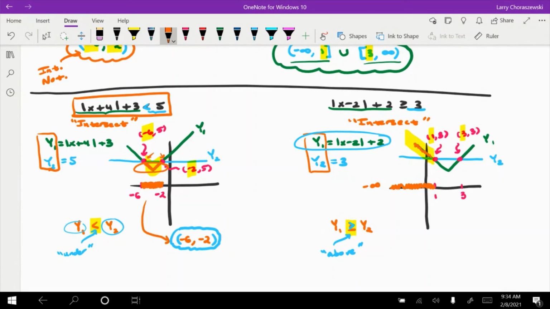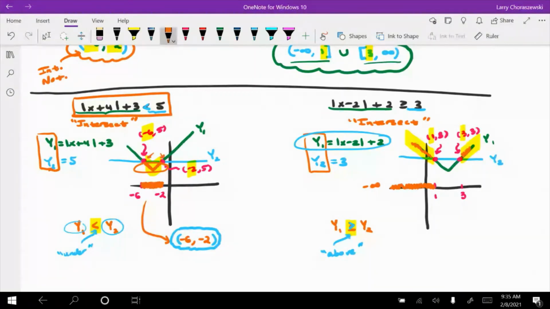Okay, all of those correspond to this piece right here. Now if we go to the right of that point of intersection, we have y1 dipping underneath y2, and it does so until we get to our second point of intersection at 3, 3. And as we go further to the right of the second point of intersection, the graph of y1 begins to be above the graph of y2 again.